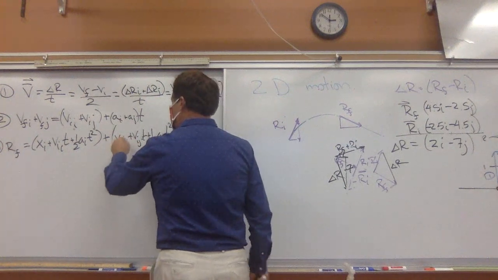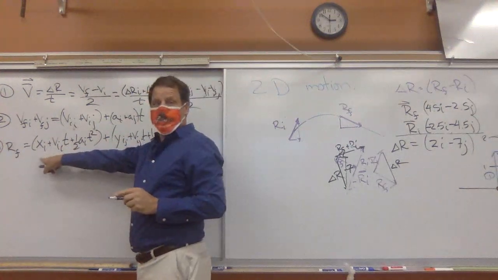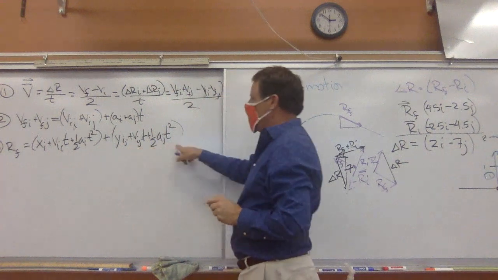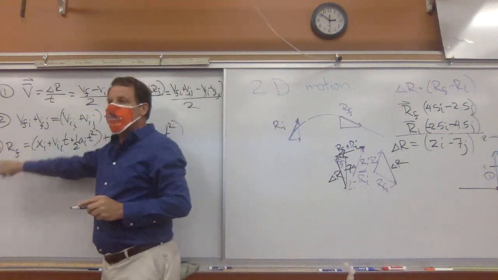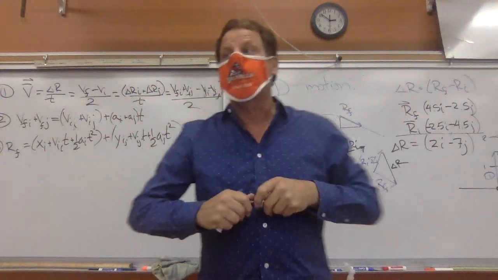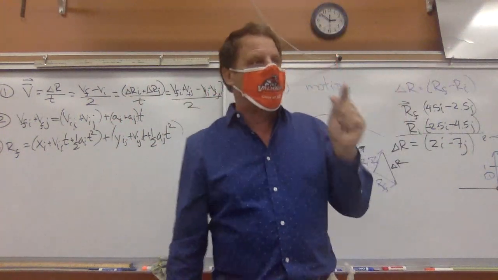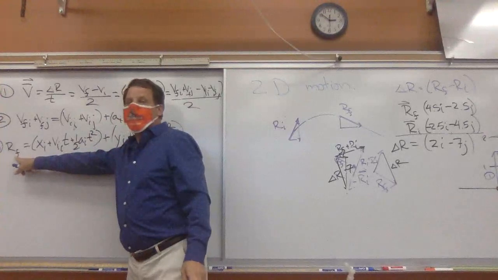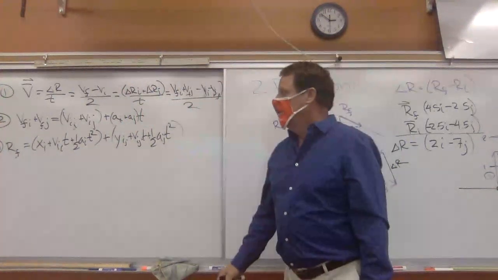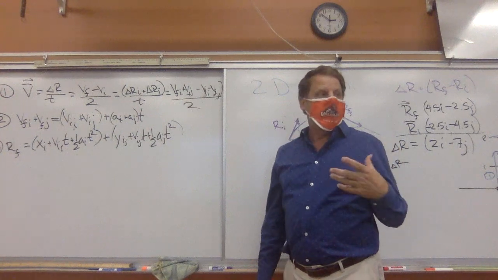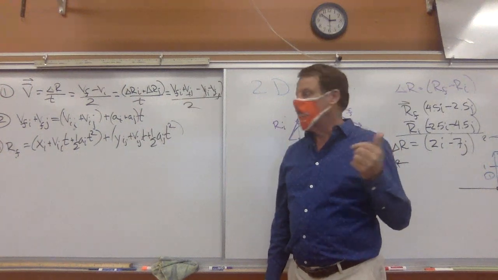And these are all of the x or I components, and these are the J components. And then that would give us the hypotenuse, that R final in the x direction and the y direction, or the I and J.